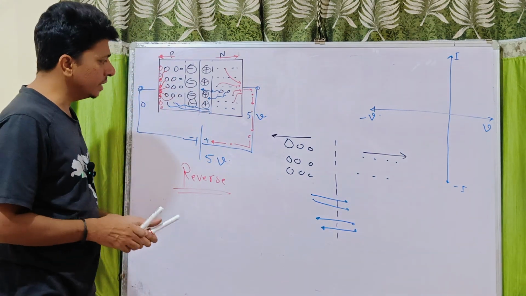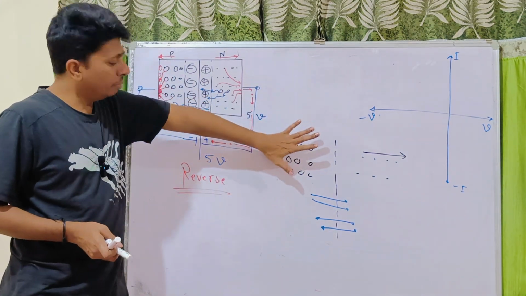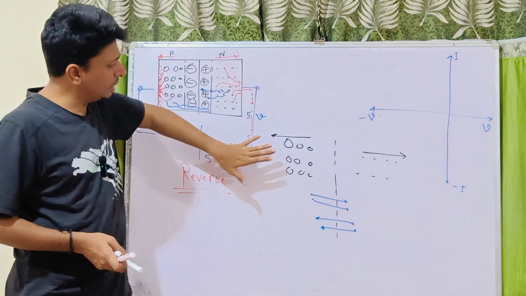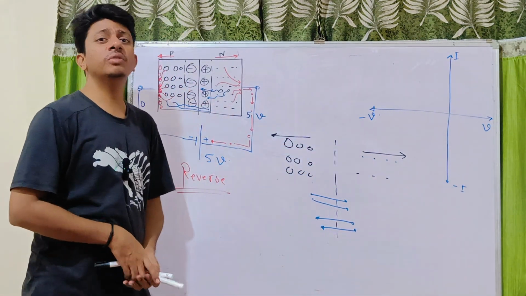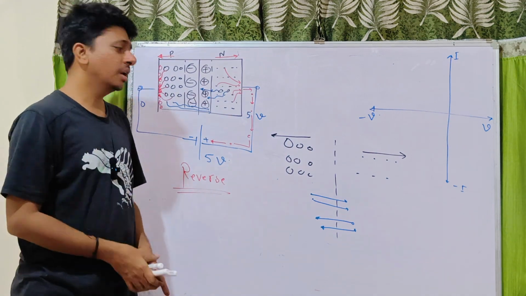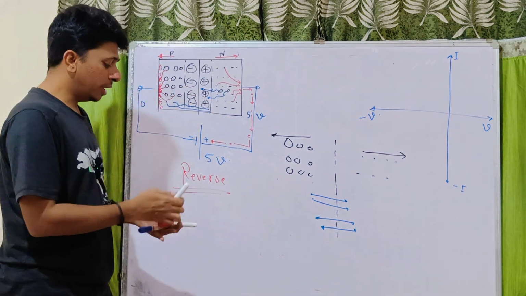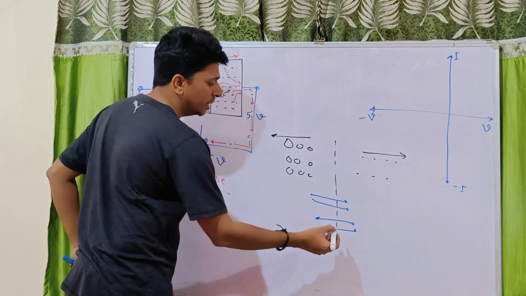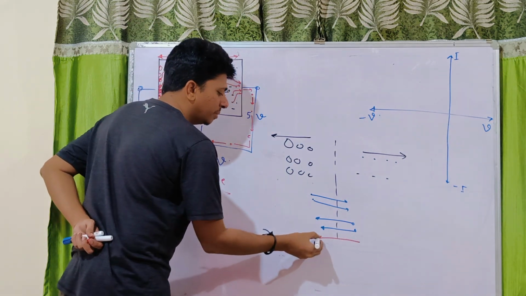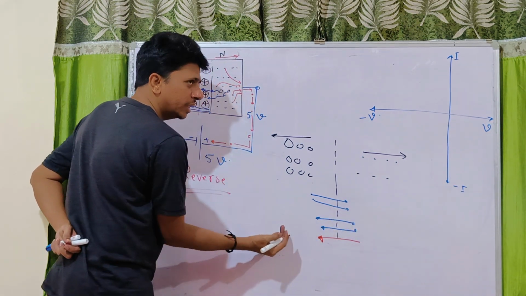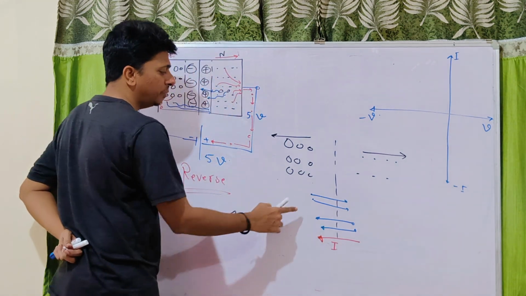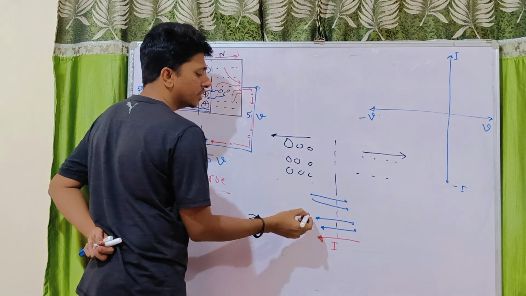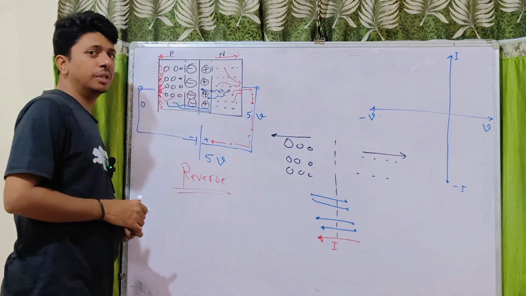So if you look at this, the majority carriers are moving but not crossing the junction, while the minority carriers, a very small number, are crossing the junction. Because of this, the direction of the current will be this one, because the holes are moving in this direction. Electrons are moving in this direction, so the direction of current will be this one.